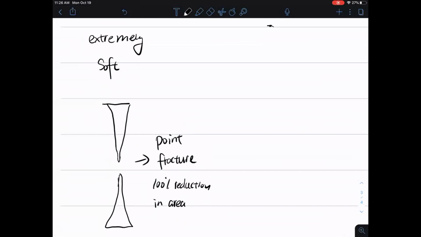But for most of the metals, such as aluminum and copper, the surface is going to look something like this. It's going to have some rough surface, but you will see necking, which means shrinking in diameter.